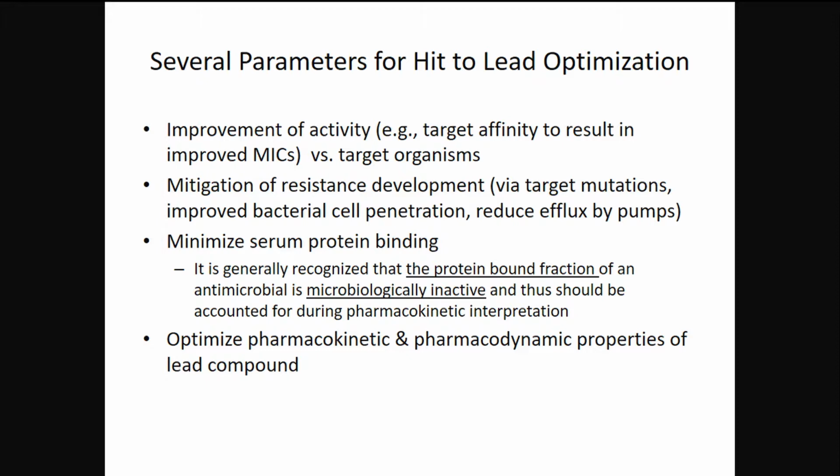Lynn touched on this, but what you have to understand is that the protein-bound fraction of an antimicrobial is microbiologically inactive. So it's the free fraction you really have to pay a lot of attention to. And that's why, as was mentioned in the previous talk, when you start putting a lot of lipophilicity, you tend to increase protein binding, so your free fraction goes down quite a bit. And so finally, you have to optimize both PK and PD properties of your test compound.